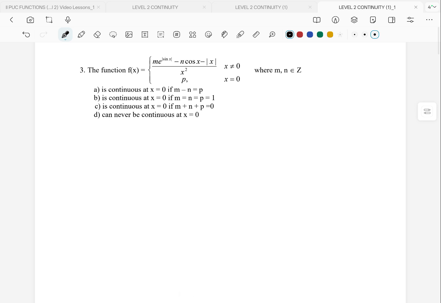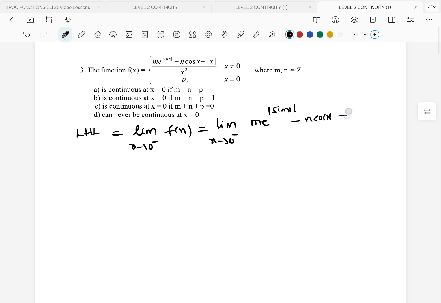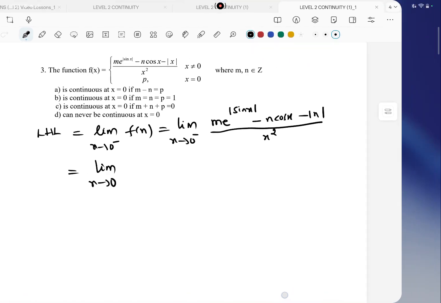So first we will discuss the left hand limit at 0, which is limit x tends to 0 minus f of x. Now let me substitute: limit x tends to 0 minus of m e power mod of sin x minus n cos x minus mod x, by x squared, which can be written as, when x is negative, mod x is minus x.